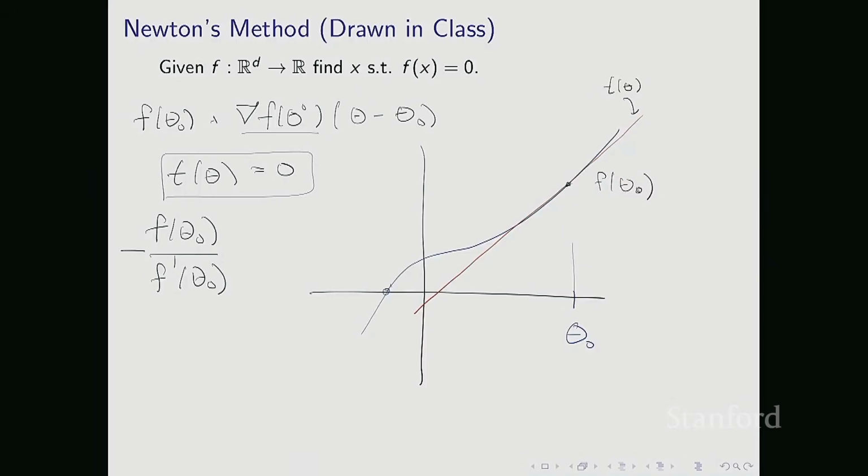I take f of theta 0, divide it by f prime of theta 0, and indeed I get that theta equals theta 0 minus f of theta 0 over f prime of theta 0. Okay? That's going to be my next guess, I'll call this theta t or something. So the guess is just, I go down here, I walk by the distance that makes this line intersect 0, and I repeat. Okay.